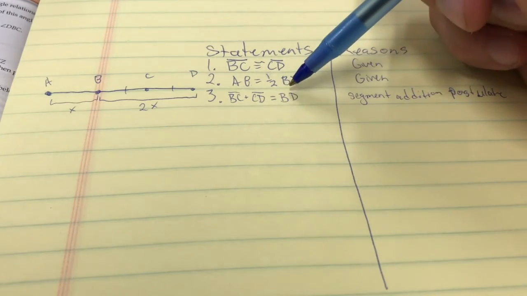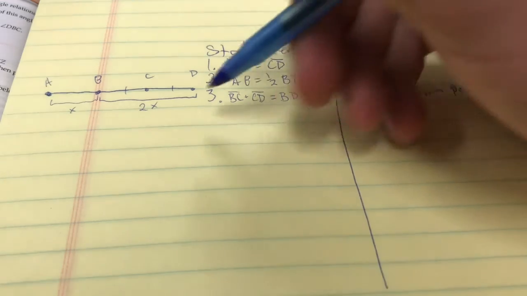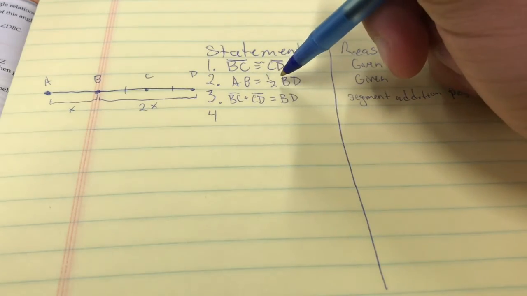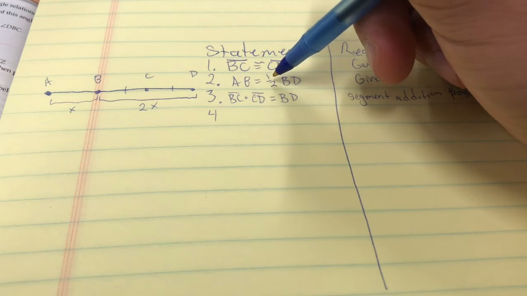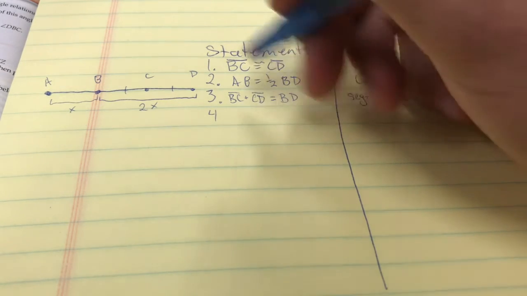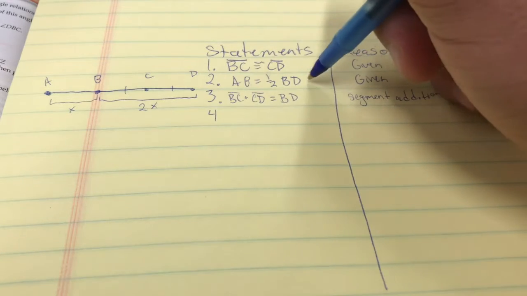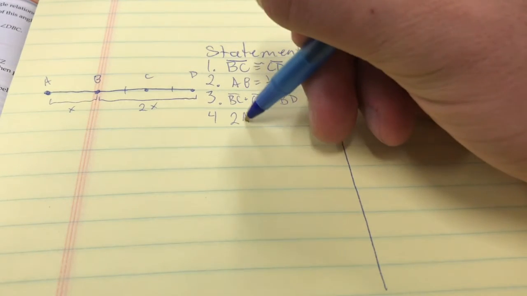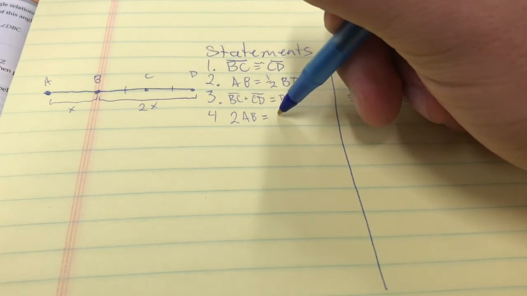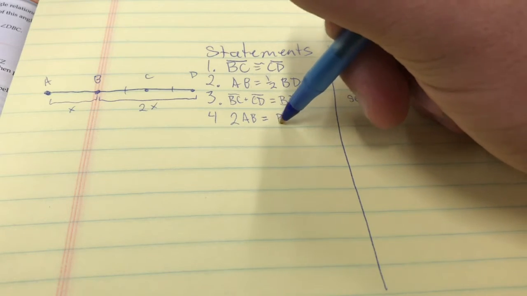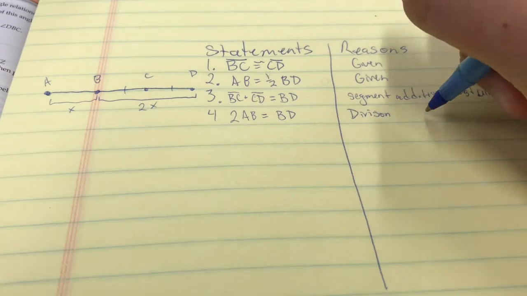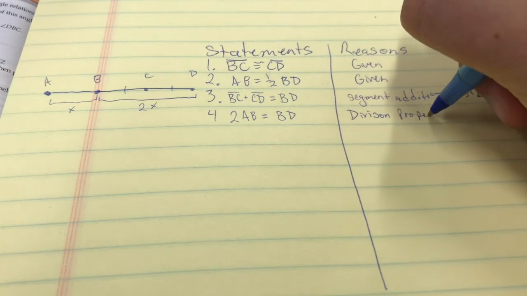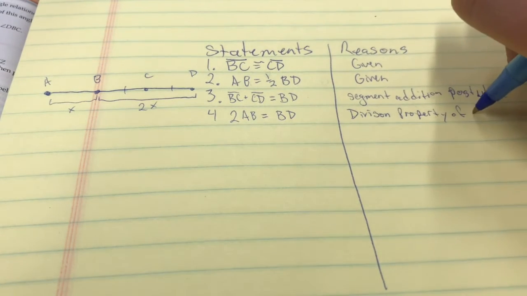All right, from there, so now I have BD, and I'm going to say 2AB is equal to 1/2 BD. So as if I were multiplying both sides by 2 over here, I'm going to say 2AB is equal to 1BD. And I can say that that's just the division property of equality.